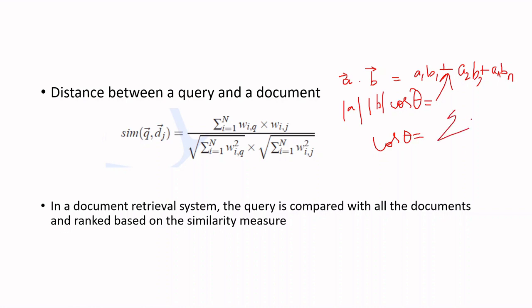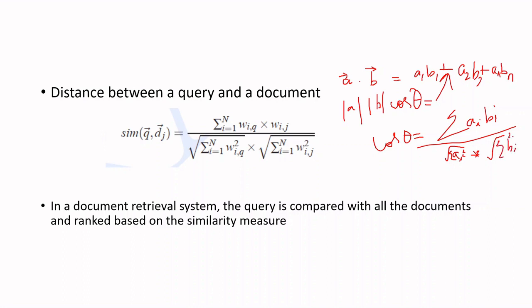sigma AiBi divided by the absolute value of A, which means the square root of sigma Ai squared, into the square root of sigma Bi squared.